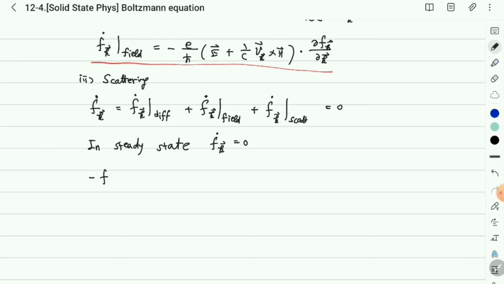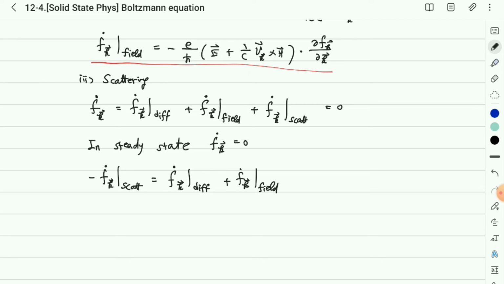Therefore, minus the scattering time derivative of f_k is the diffusion plus the f_k-dot field term. It means that the scattering mechanism is driven by the diffusion of particles and the electromagnetic behavior of particles.